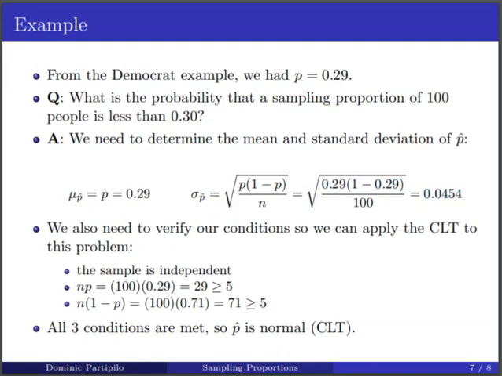And then checking our usual conditions, we know the sample's independent. We know n times p is 100 times 0.29, which is 29, which is greater than or equal to 5. And then n times 1 minus p is going to be 100 times 0.71, and that's 71, and that is also greater than or equal to 5. So now, since all three of the conditions are met, the central limit theorem tells us that p hat is going to be normal, and we can carry on with the typical calculations.